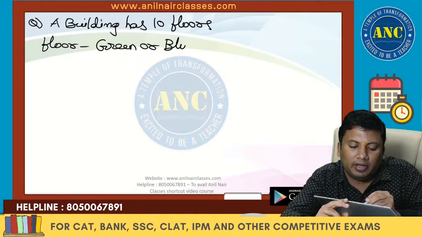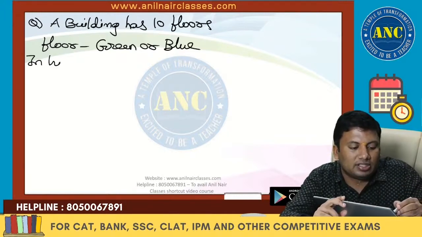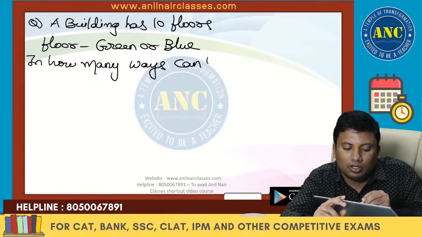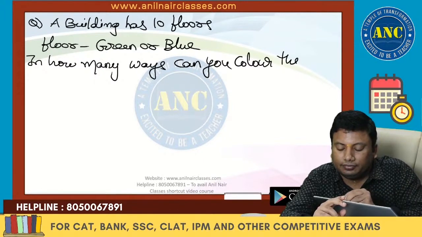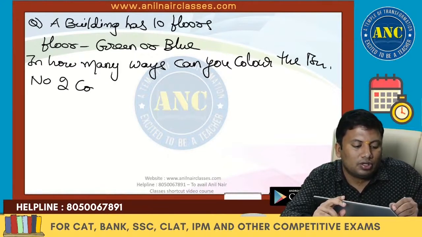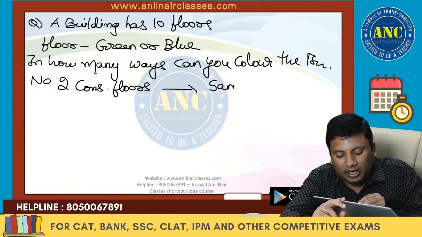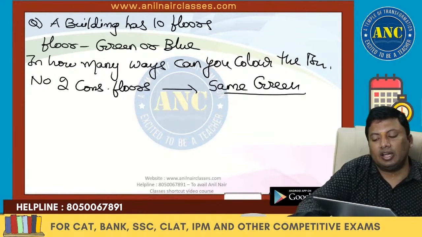In how many ways can you color the building such that no two consecutive floors will take the same green color? Please write it down, sir.